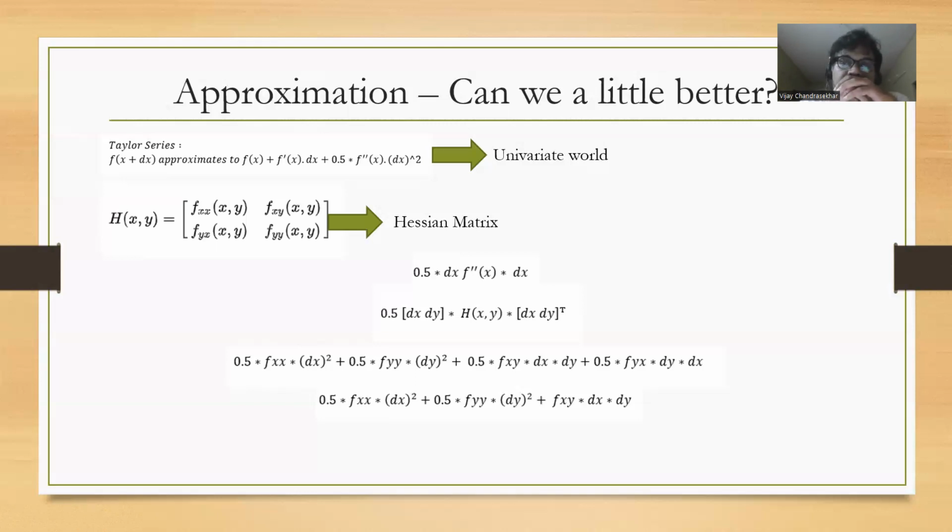We said when you have two variables, x and y, you have four partial derivatives. Question: would the Hessian matrix be a square matrix or not? Someone, not the usual suspects, not the ones who've answered today so far, someone else. Would the Hessian matrix be a square matrix or not?